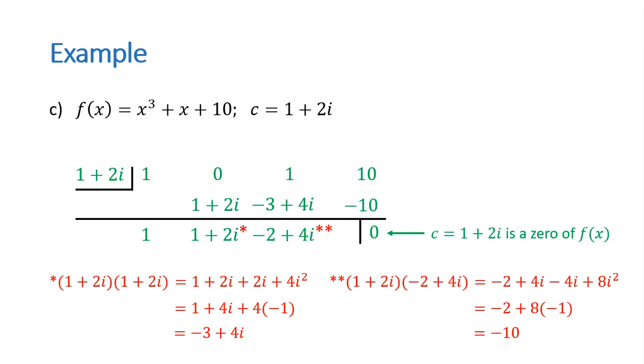Now this is a slightly different situation from the two we just looked at. As we've already mentioned, 1 plus 2i is not something on our standard coordinate plane. It can be graphed in a special situation on a special coordinate plane, but our standard situation with the x and y axis, 1 plus 2i doesn't exist anywhere on there. So although this is a 0 of the polynomial, this is something that divides into our polynomial, it doesn't actually represent an x-intercept.